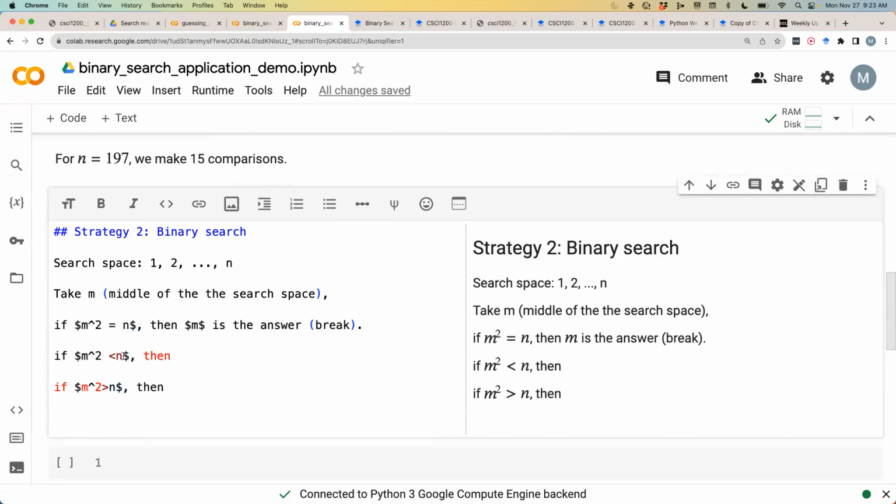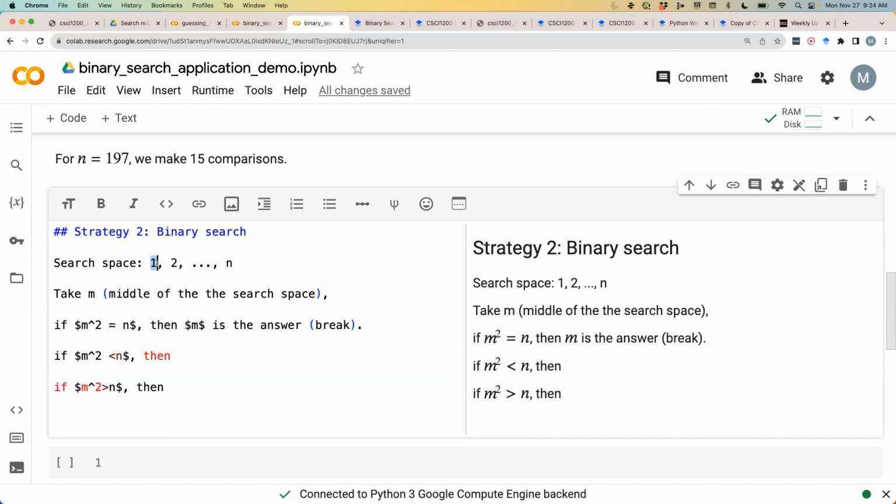If M squared is less than N, the correct answer must be after this M, because it's not enough. M squared is not enough to accommodate these N students. So the answer has to be after this value. So my search space will be reduced.